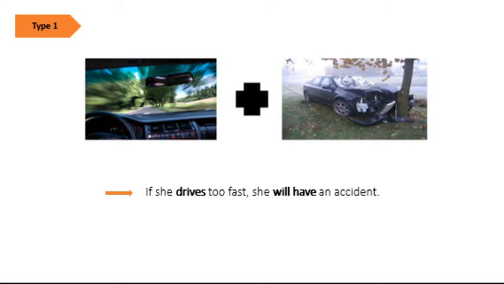So the result of driving too fast is having an accident. But does that always happen? Not necessarily all the time. Is this scientific? No, it's not. So it's only something possible, something that will possibly happen if she drives too fast.